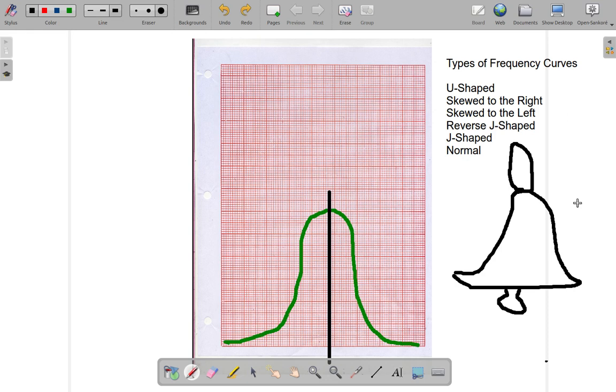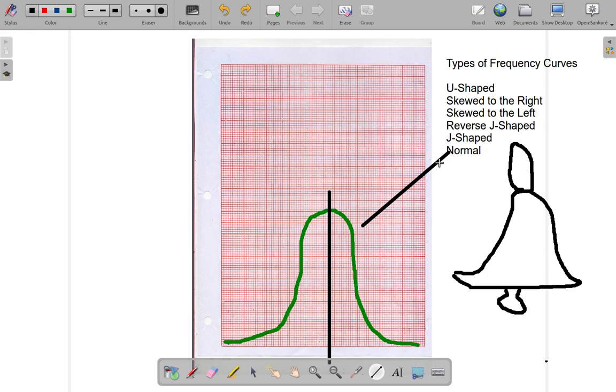Now, that is the bell-shaped curve, and it's a normal curve. You get that curve generally when you study a large number of items, a large number of people, whatever the case may be. So this is called the normal curve, or the bell curve.